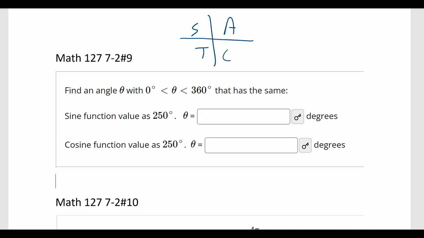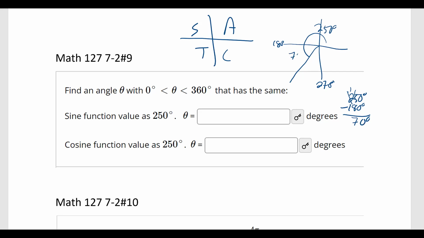sine of 250. Now where's sine 250? Well, this is 180 degrees. This is 270 degrees. So we're looking at an angle down here. I'm not drawing this to scale either, by the way. If we look at 250 minus 180, the nearest horizontal, that's going to give us 70 degrees.